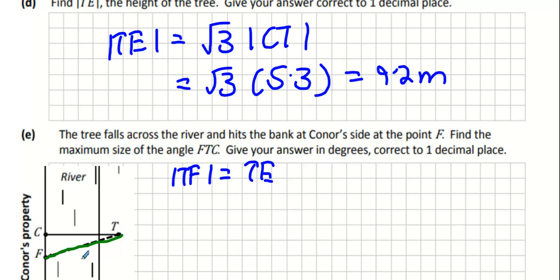So what we can say there is that it is 9.2.